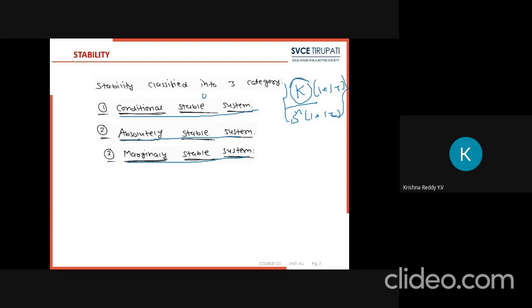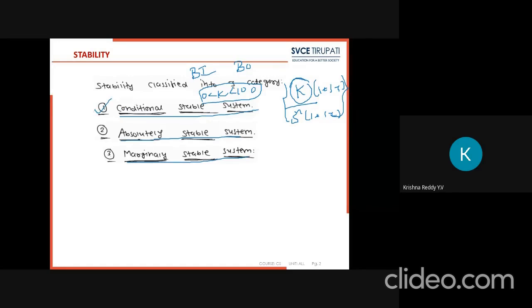Suppose the range is from 0 to 100. If the K value exceeds this range of 0 to 100, the system becomes unstable. That means if you give a bounded input, we do not get a bounded output. This type of stability is known as conditional stability.